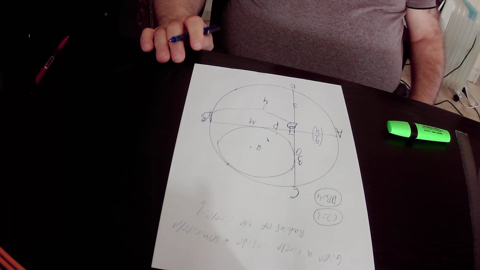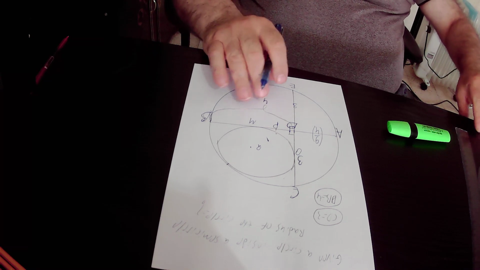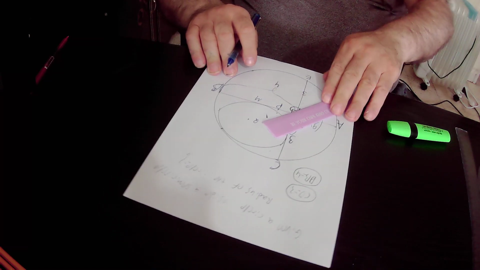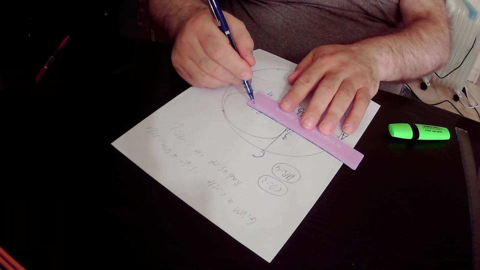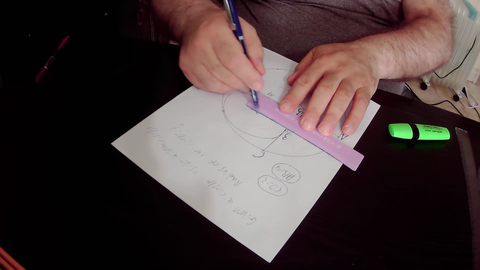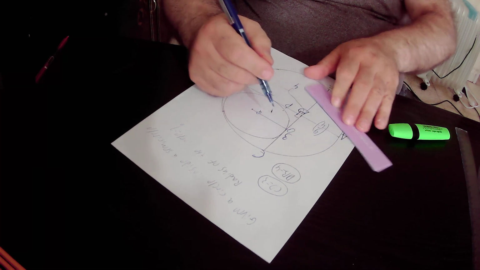So in the next step, we will join points Q and O by a straight line. And we will define the radius of the small circle as small r.